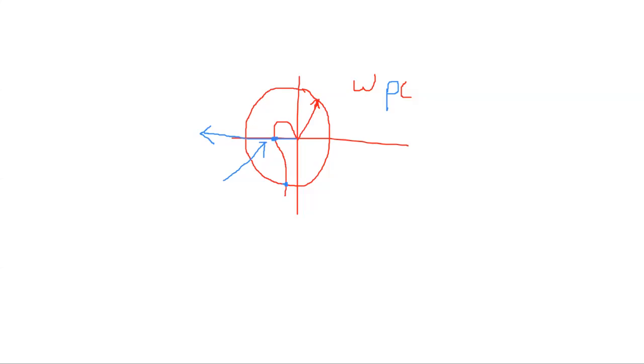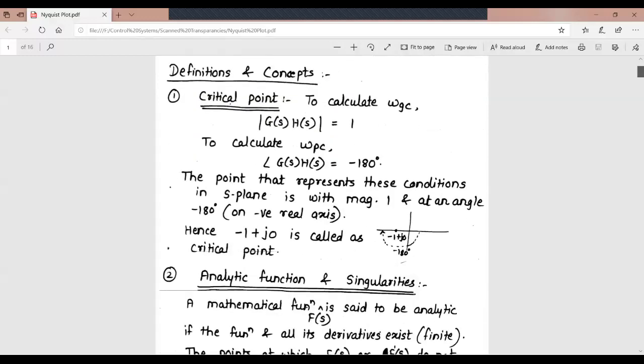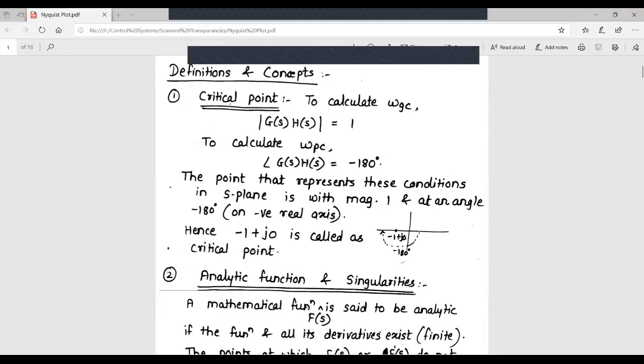Now, let us go back to the slide. Here, we need to learn a concept which is called critical point. Just now we have seen that we need the magnitude to be 1 and the phase to be minus 180 degrees. There is a point in S-plane which satisfies both conditions, and that point is known as critical point.